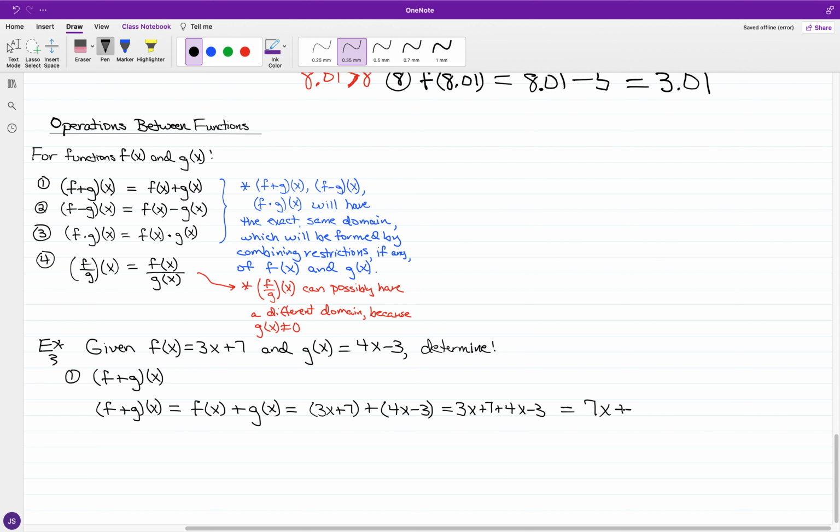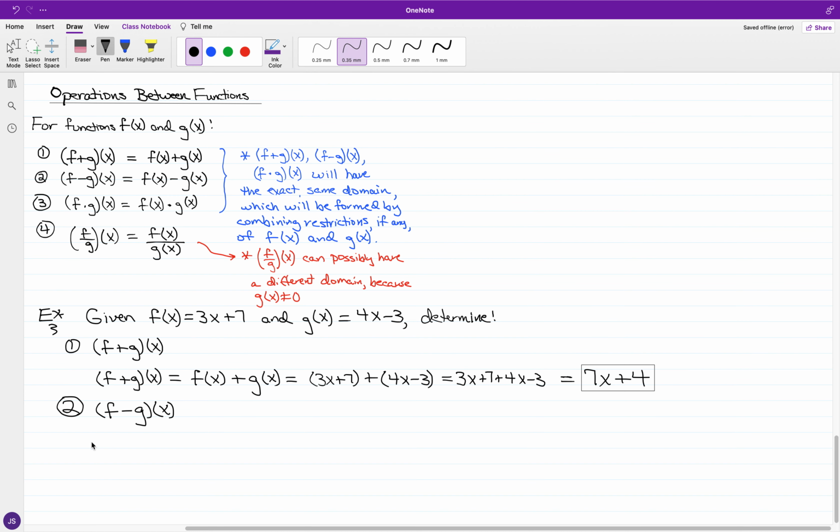Okay, now for what we have in the case of f minus g of x, we have the difference function. And again, this will be expanded as the difference between the functions f of x and g of x.